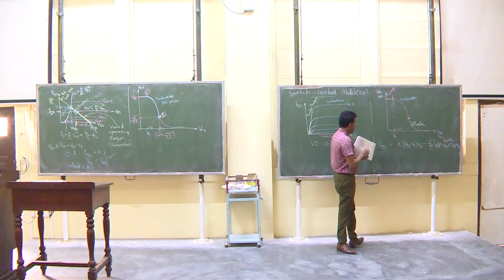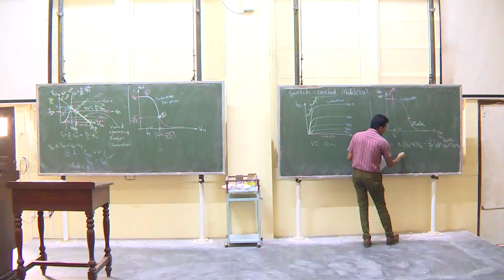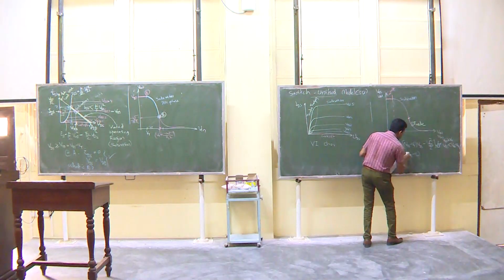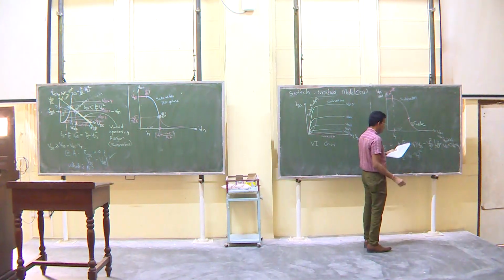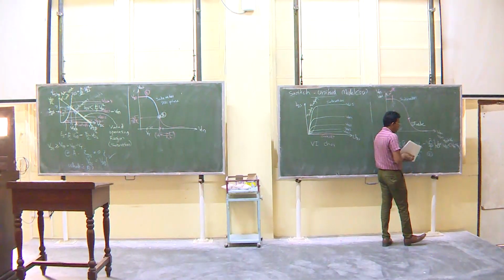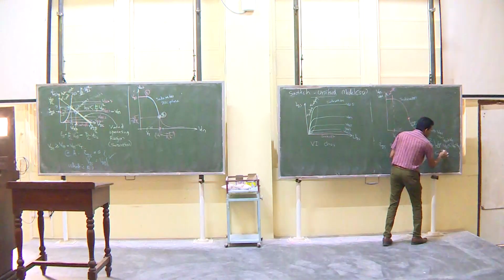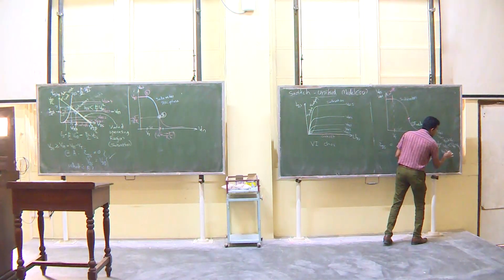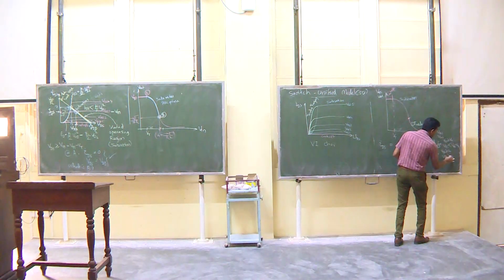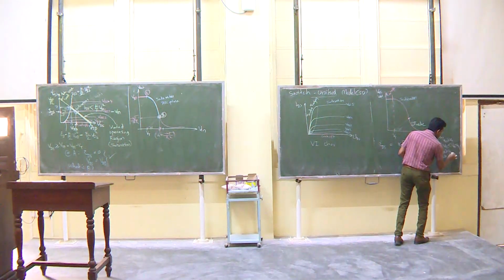The second one, for this region we already know the equation: K divided by 2 times (VGS minus Vt) squared. That is number 2. This is for VGS greater than or equal to Vt, and VDS greater than or equal to VGS minus Vt, the overdrive voltage. Okay.